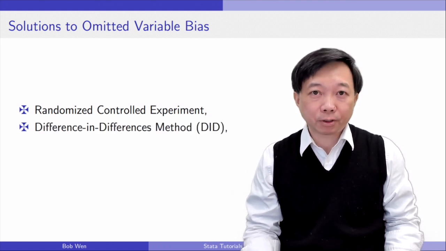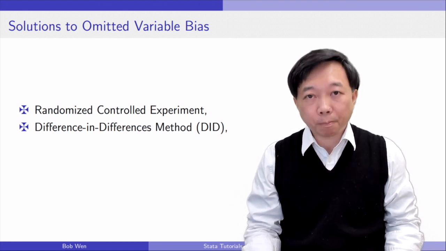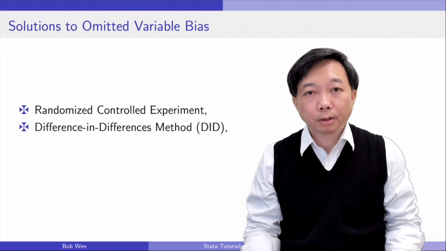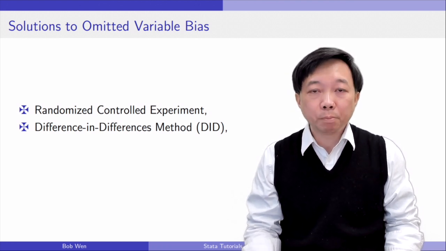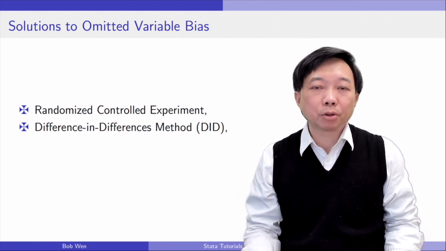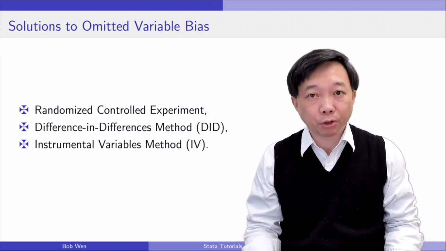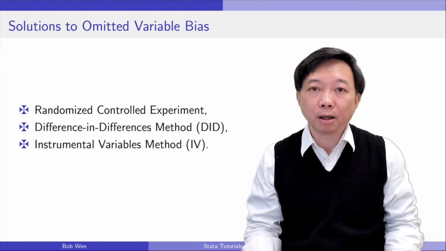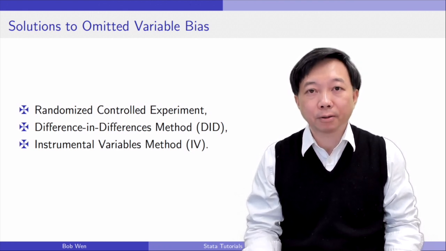We have discussed the difference in differences approach in previous topics. Difference in differences is a method to tackle the omitted variable bias. In addition to difference in differences, the instrumental variables method is widely used to find unbiased and consistent estimates when omitted variable bias occurs.